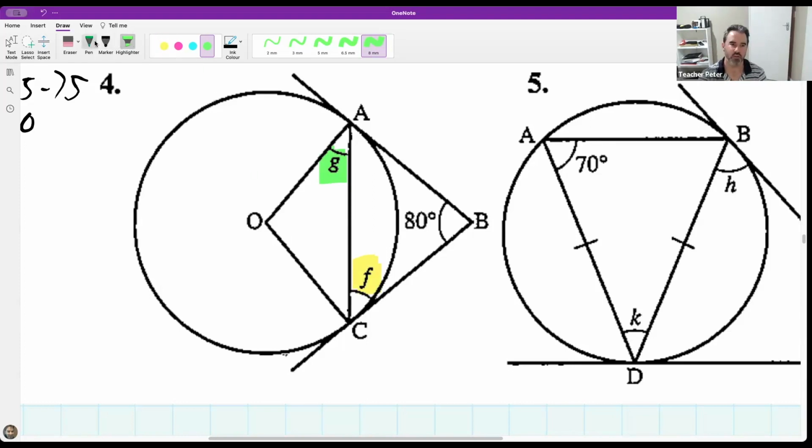Yep. So tangents from a common point, you have BC and you have BA, and these are tangents from a common point. And so that gives you a lovely, delicious isosceles triangle. So what is F then going to be?